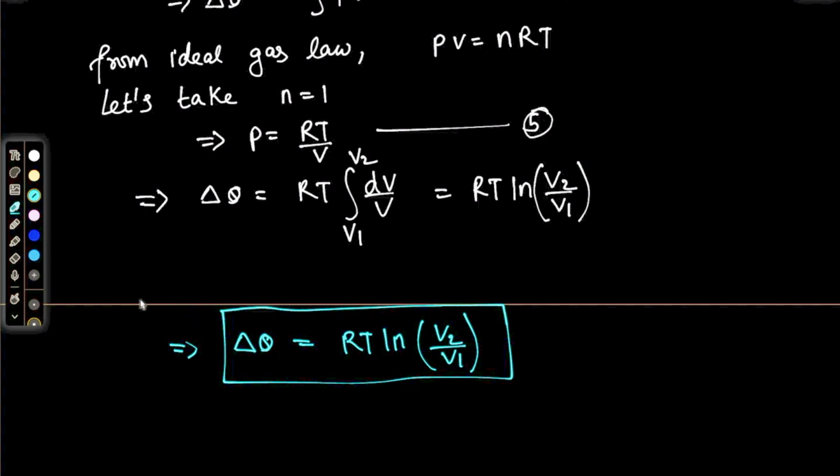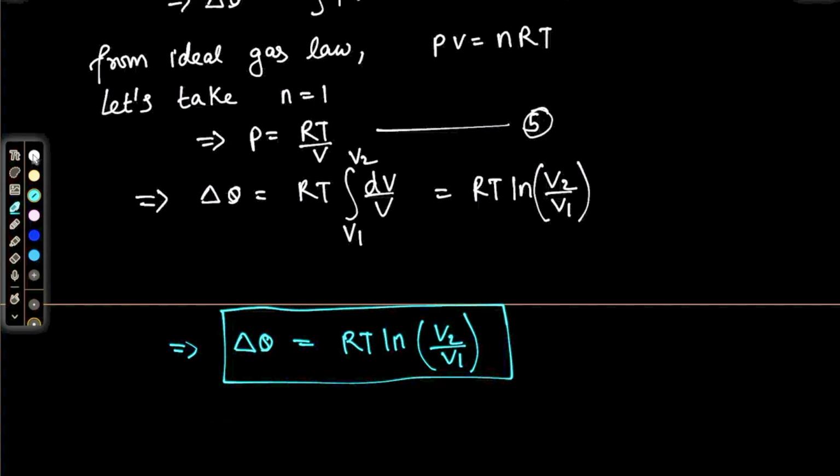Now, since during the expansion the internal energy of the gas remains constant, the overall energy density of the system goes down. And we know that the density is proportional to pressure. This means that during the expansion, the pressure also goes down.